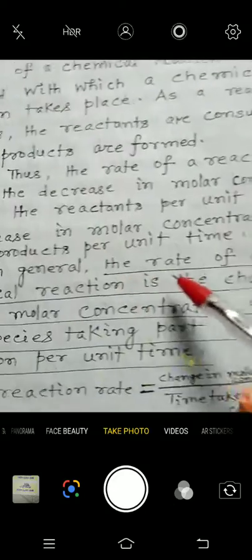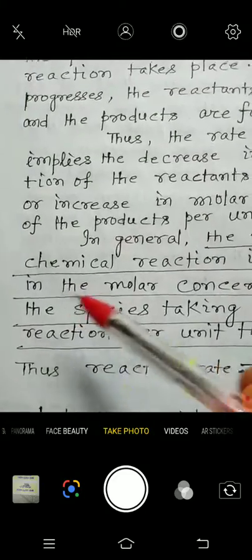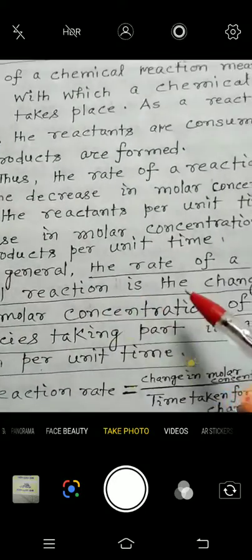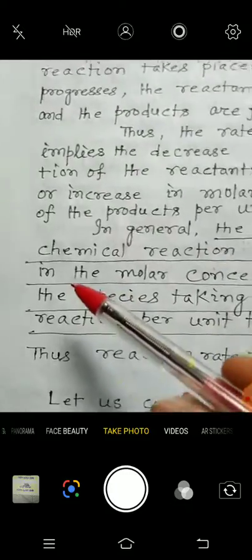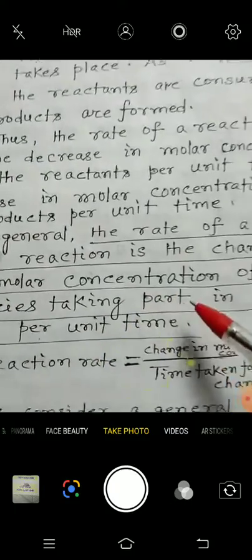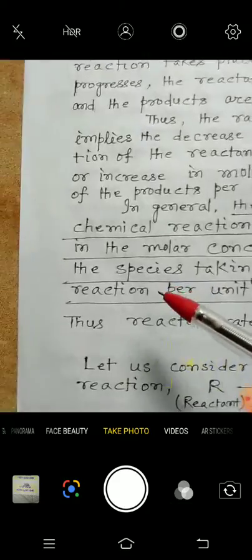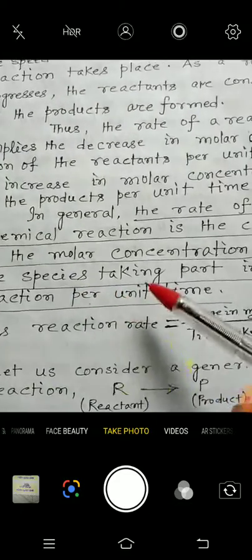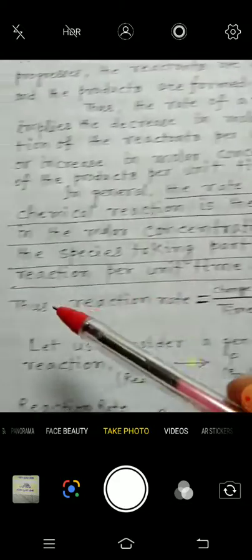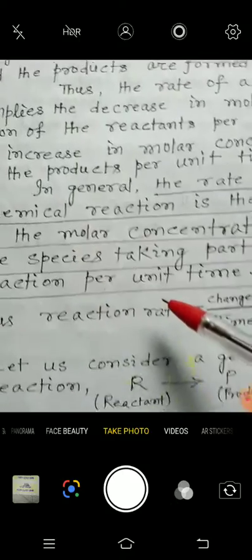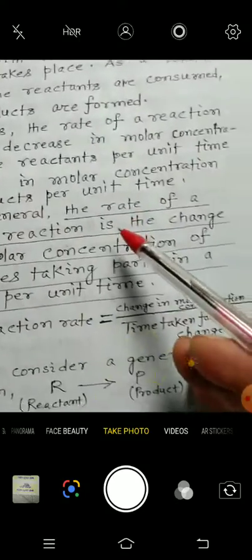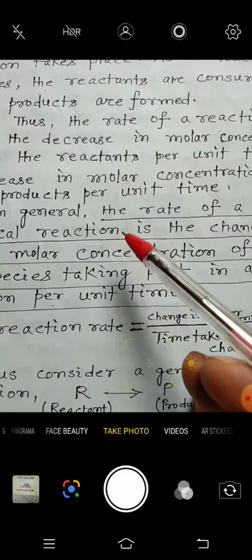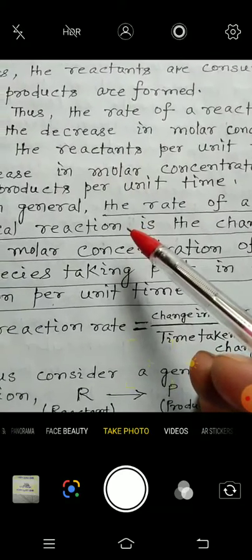In general, the rate of a chemical reaction is the change in the molar concentration of the species taking part in a reaction per unit time. So, this is the definition of the rate of reaction. Again, I am repeating it. Listen attentively.